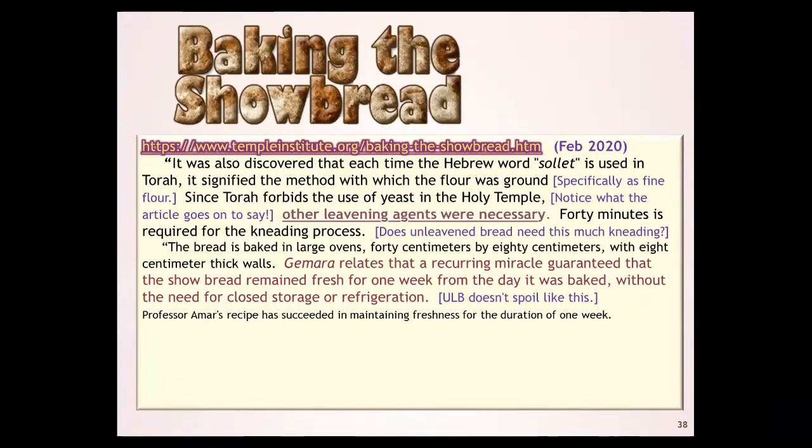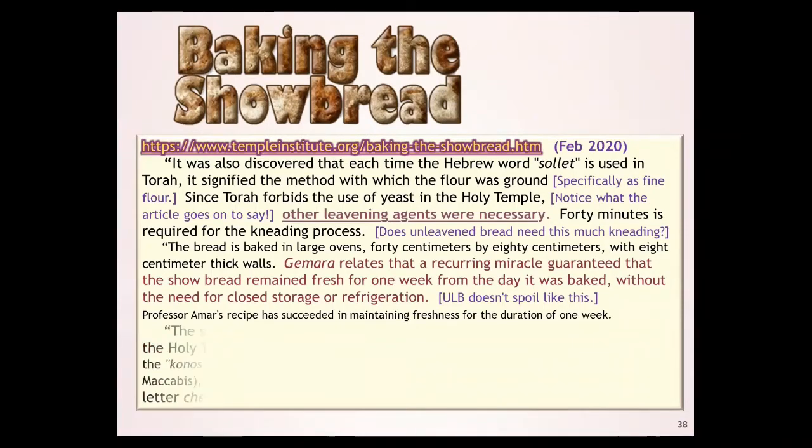It goes on to say that the bread is baked in large ovens, 40 centimeters by 80 centimeters with 8 centimeters thick walls. Gemara relates that a recurring miracle guaranteed that the showbread remained fresh for 1 week from the day it was baked without the need for closed storage or refrigeration. And you all know that unleavened bread doesn't spoil like that, does it?